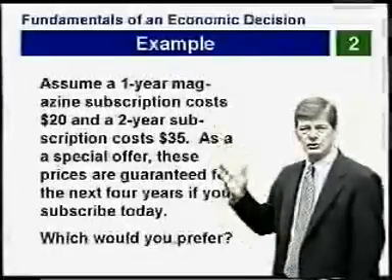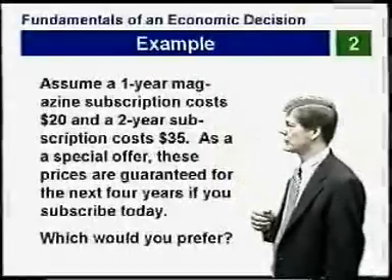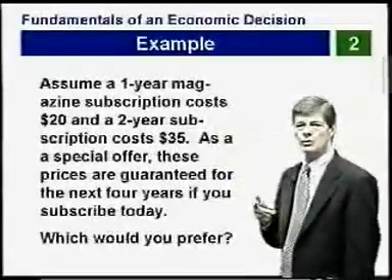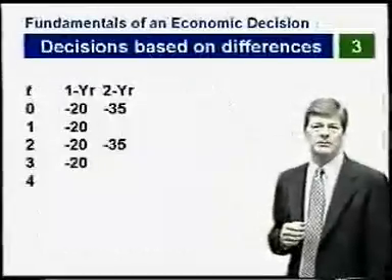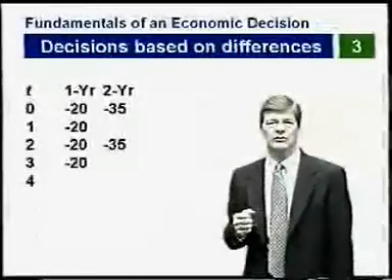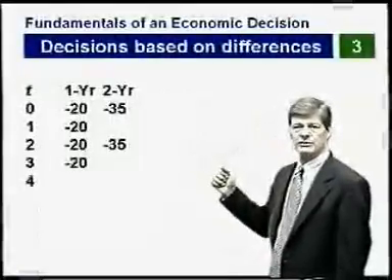Well, let's translate this problem into its net cash flow series. That is, the cash flows that describe the choice between a one-year subscription for the next 4 years versus two two-year subscriptions covering the next 4 years. And that would look like this. We have two alternatives.